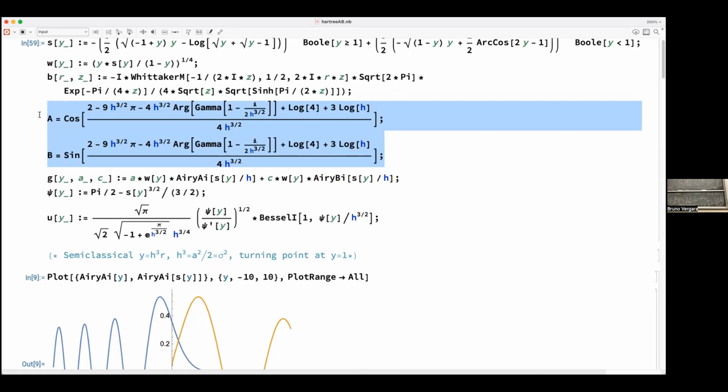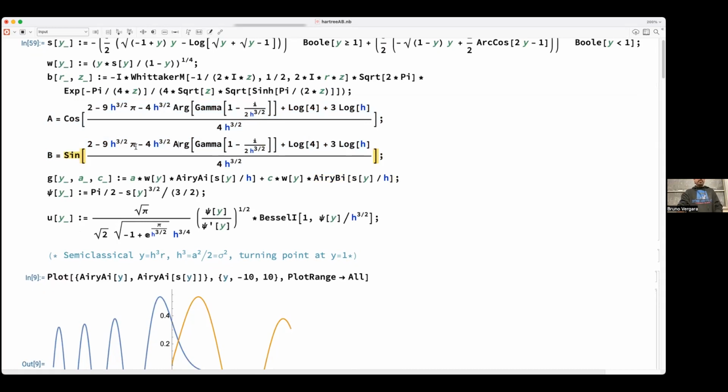They involve these complicated formulas. But maybe when h goes to 0, you can say that capital B is O of h. We can plot it.